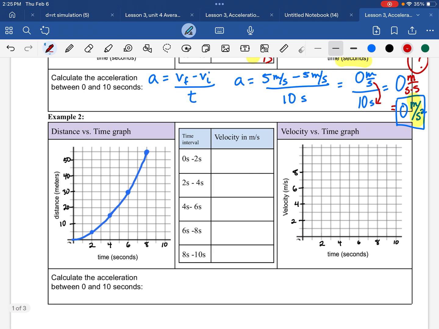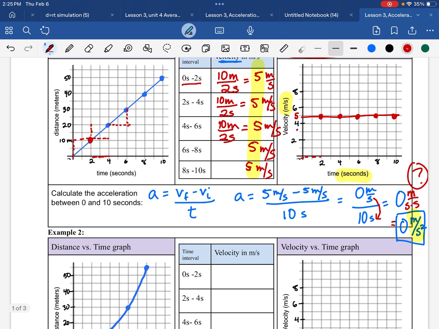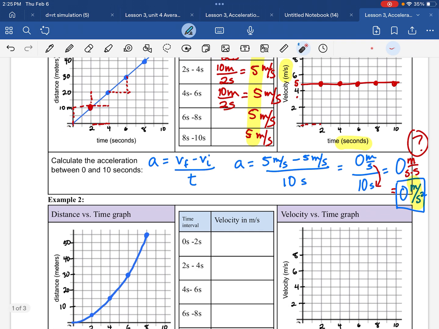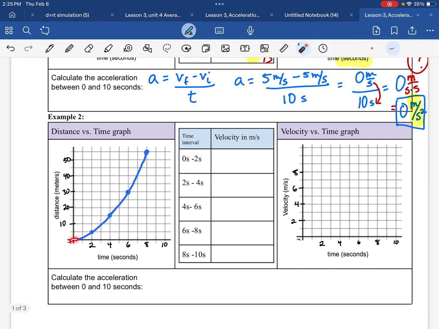Okay, coming back, let's do another example. So now we have a different distance versus time graph. Here we had very consistent speed, right? When we see a straight line for distance versus time, that means a consistent, non-changing velocity. Here we see we have a curve. So let's see what's going on there.